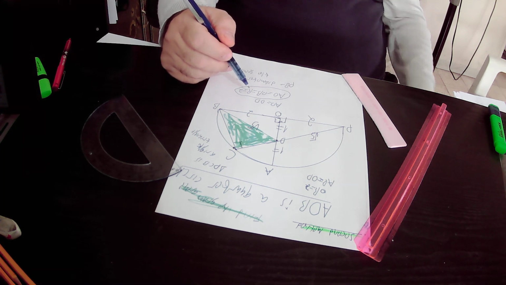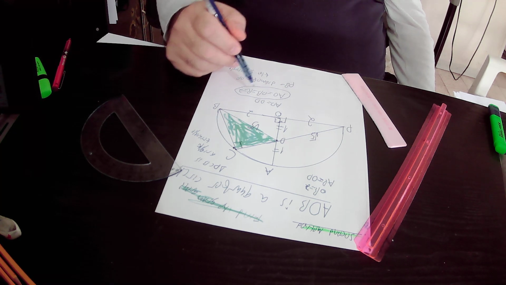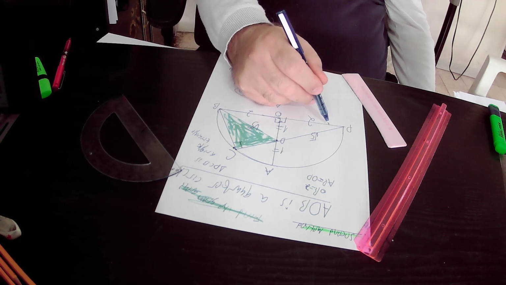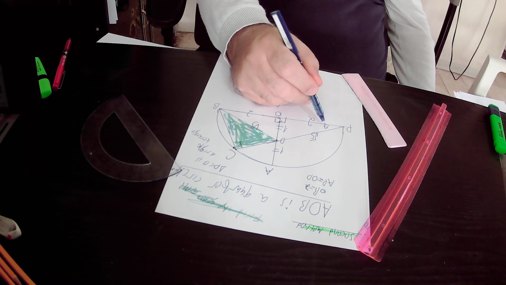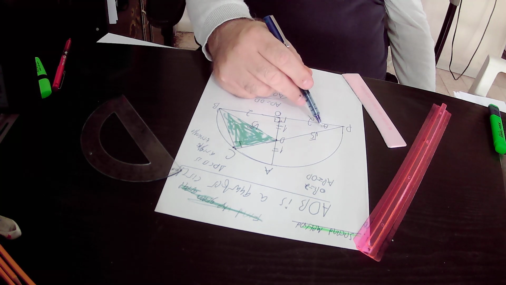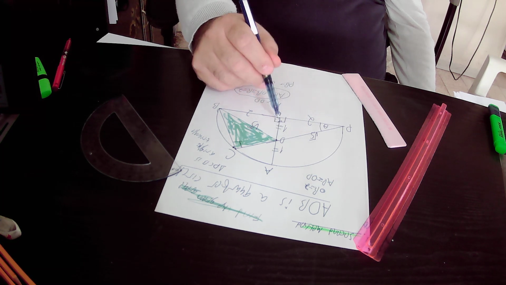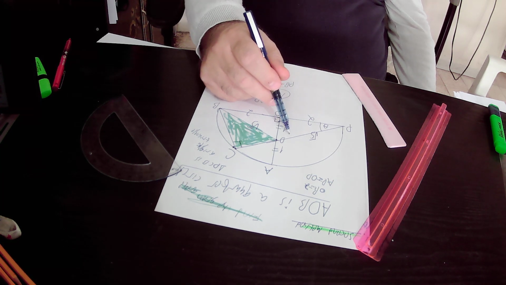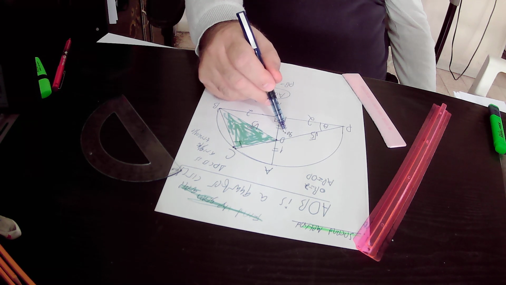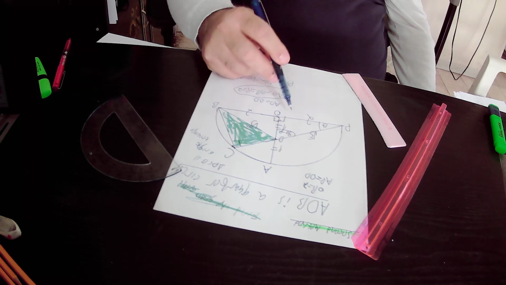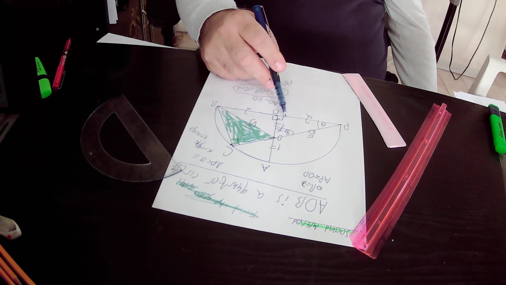And here we define angle DPO as theta. If angle DPO equals theta, then angle PDO, this angle, must be equal to 90 degrees minus theta, in order to complete the sum of the angles in this right triangle POD to 180 degrees.